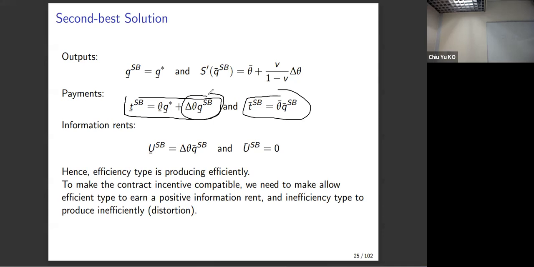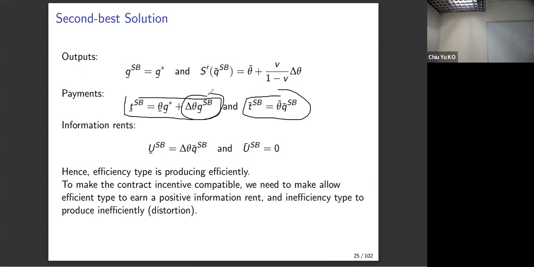Because he has actually, the cost is hidden, right? So I can pretend to take the high cost one, right? High cost, then he can earn some profit. So regardless of what, we have to give some profit to the guy who actually is more efficient. Okay, so that earns some rent over there.